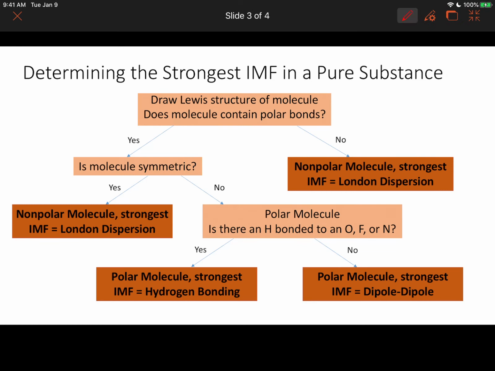Let's say, for sake of argument, that we want to understand the strongest intermolecular force in hypobromous acid, HBrO. If we draw the dot structure of hypobromous acid, we will get a structure that looks similar to this.